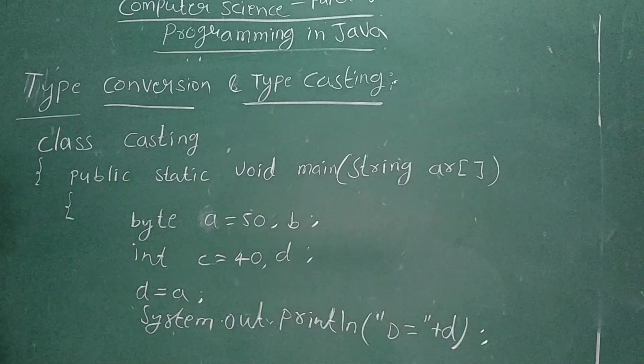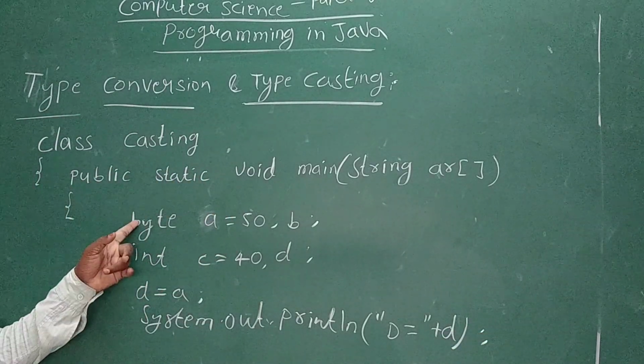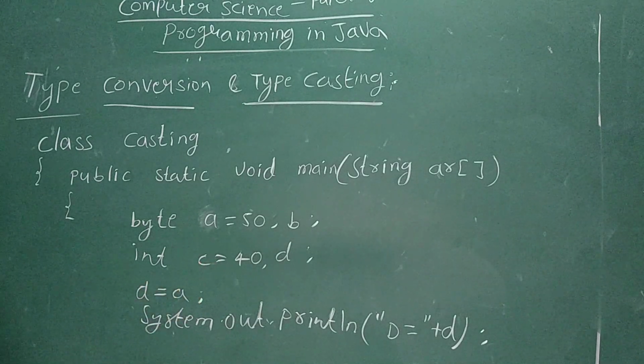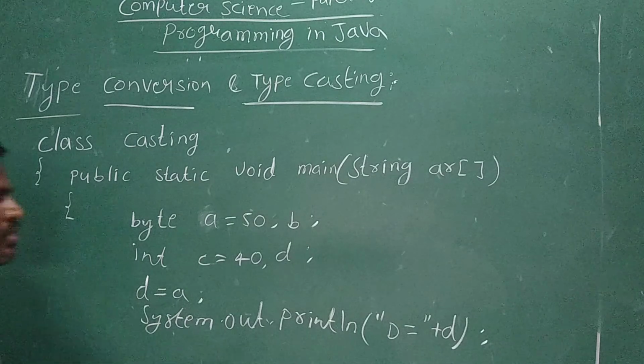It will work out, because A is a byte, D is an int, so lower size can be converted into higher size simply.